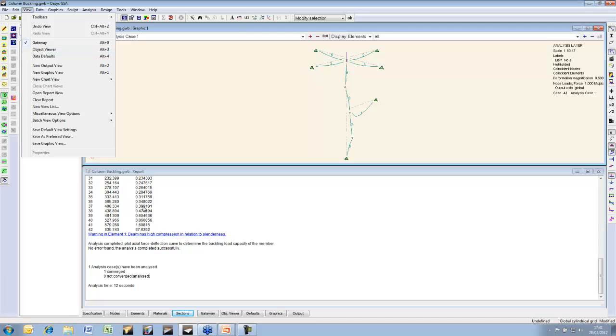Now, you notice on the report view, it says determine the buckling load capacity of the member, plot the axial force deflection, and you find that under the chart views.